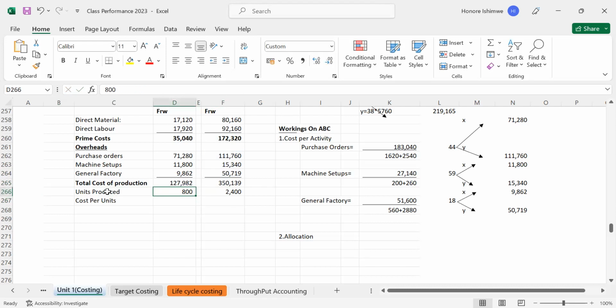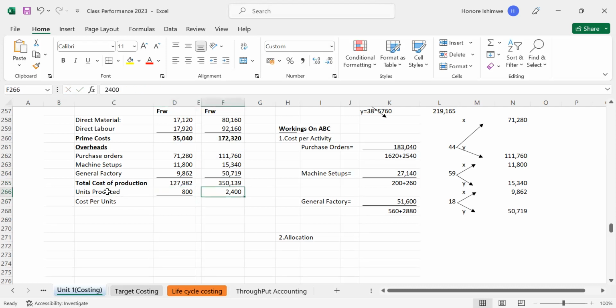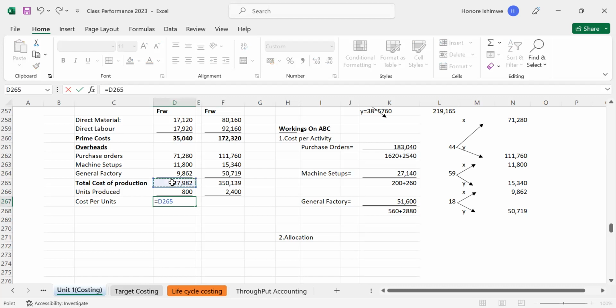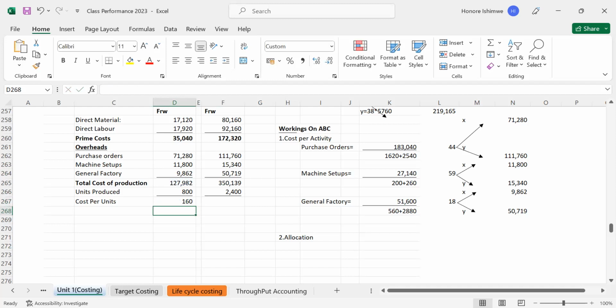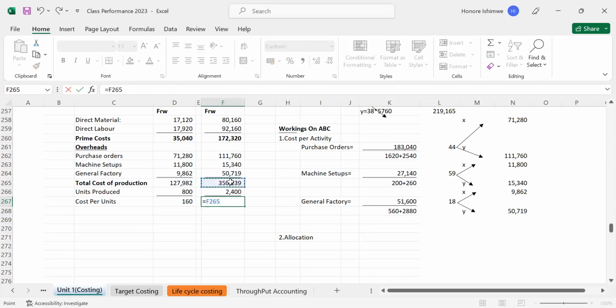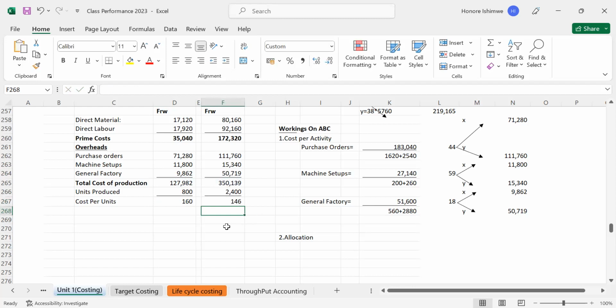So here my cost per unit is going to be this one divided by this one. So I'm going to have 160 as cost per unit, and here my unit cost is this one divided by this one, which is 146. Now this is my cost per unit.